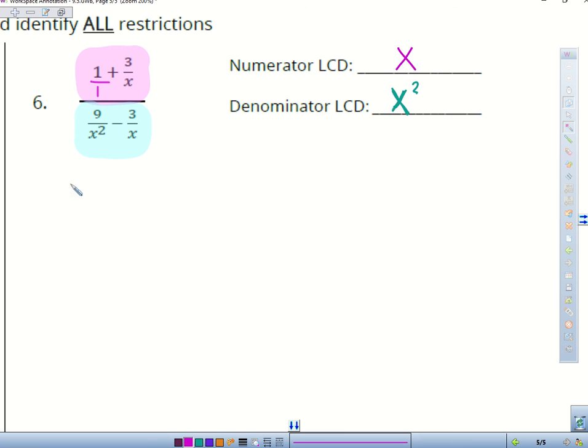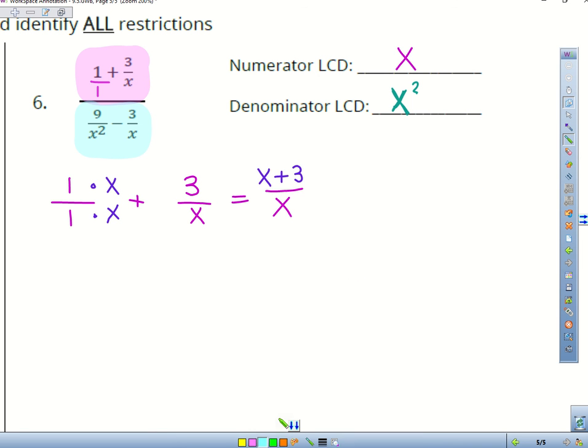Alright, so let's do the pink together. Our goal is to have x as our denominator. So the only fraction we really need to do work on is the first one. What is 1 times x? X. And it's just going to be plus 3. So that's our numerator.